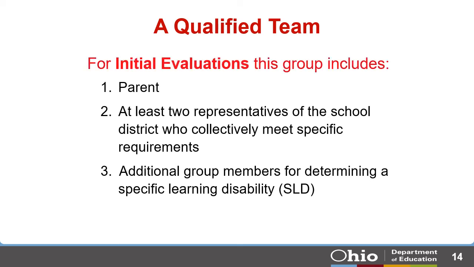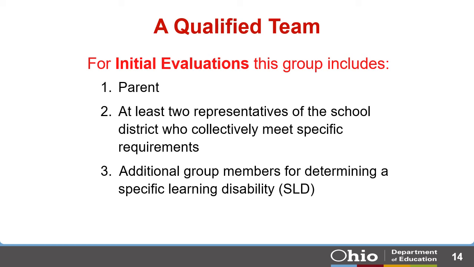For initial evaluations, the group includes parent, at least 2 representatives of the school district who collectively meet the following requirements: qualified to provide or supervise the provision of specially designed instruction to meet the unique needs of the child, qualified to provide or supervise the provision of instruction in the preschool general education curriculum, authorized to make decisions about the use of school district resources for special education and related services, and qualified to interpret the instructional implications of evaluation results.